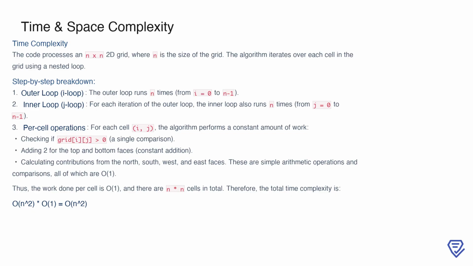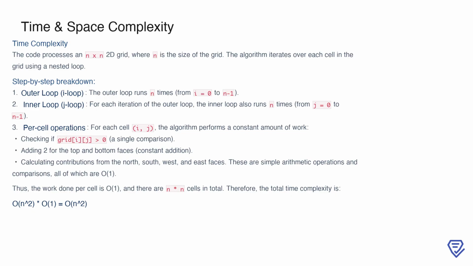For each iteration of the outer loop, the inner loop, or j loop, iterates over each column in that row, also running n times. Within these loops, the algorithm performs a constant amount of work for each cell. Specifically, it checks whether the value of grid[i][j] is greater than 0, adds 2 to account for the top and bottom faces of the 3D shape, and calculates additional contributions for the north, south, west, and east faces.